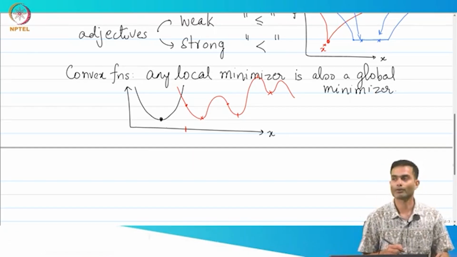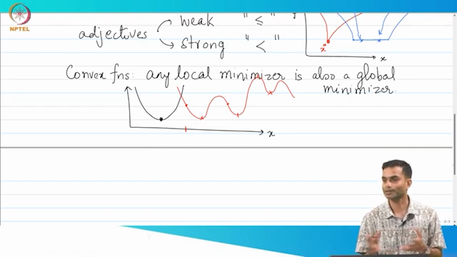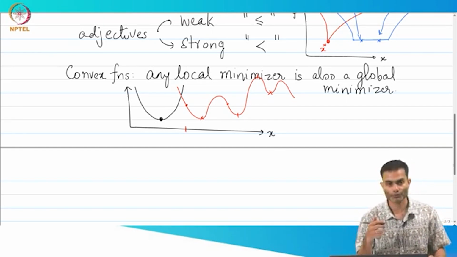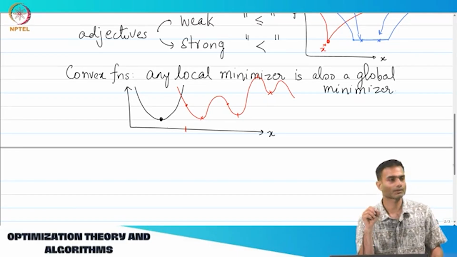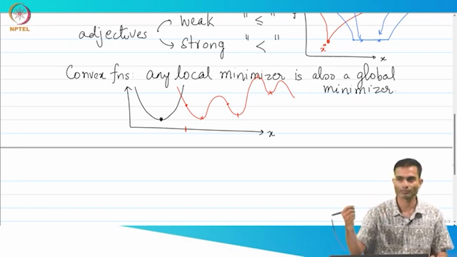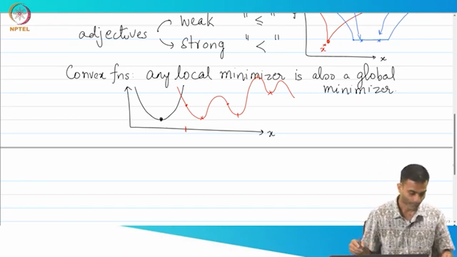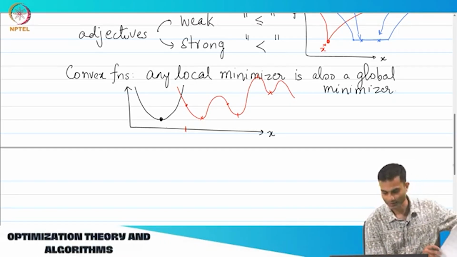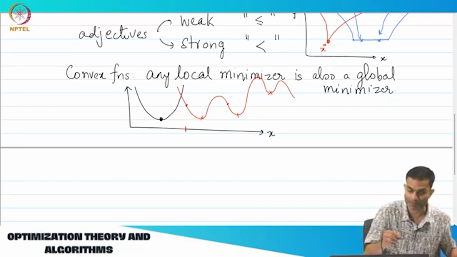You cannot do it for a large number of variables. Many of you might be familiar with the phrase, the curse of dimensionality. As the number of dimensions increases, it becomes harder and harder to solve the problem. So this is what makes convex functions special. Any questions so far?